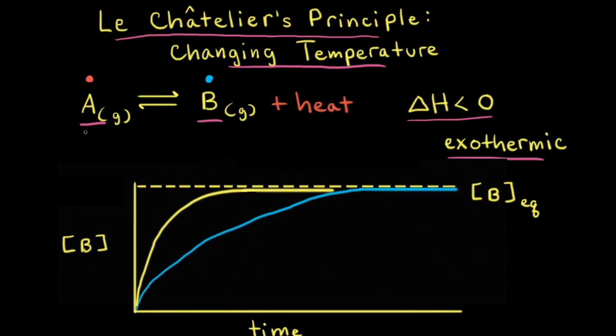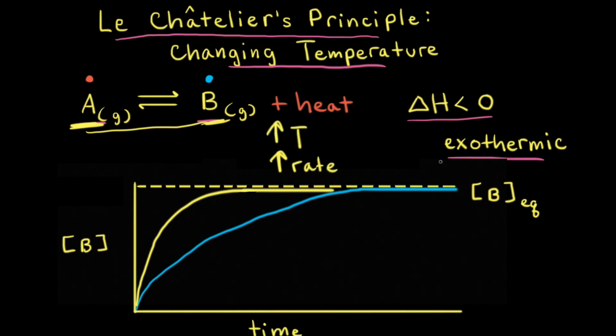Let's go back to our exothermic reaction. At this time, let's pretend like we're starting with only A. So we start with only A and we have none of B. And our goal is to make as much B as we possibly can and to do it as fast as possible. One way to increase the rate of a reaction would be to increase the temperature.